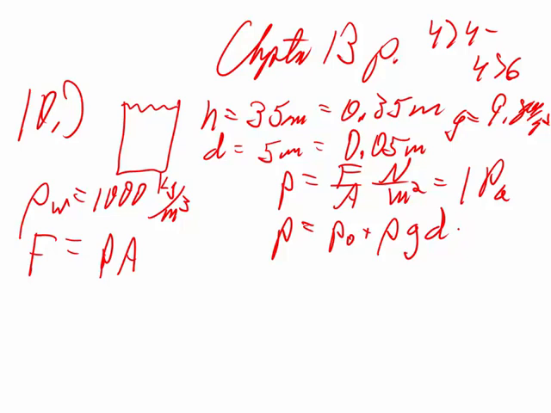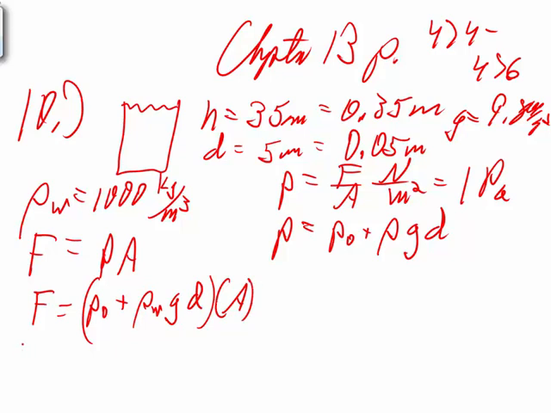So let's rewrite our equation. Force is equal to pressure naught, the atmospheric pressure, plus rho of water times gravity times the height of the beaker, times the area.